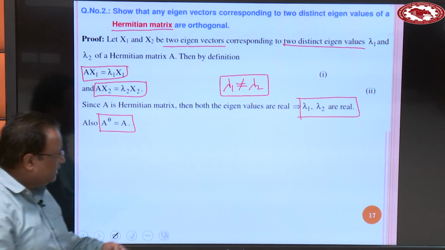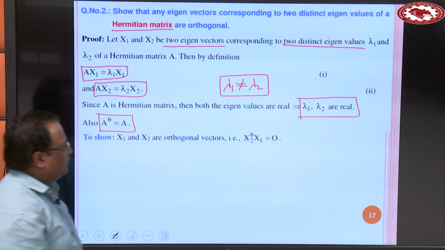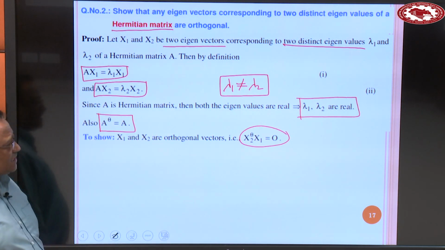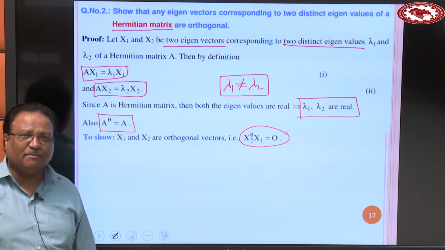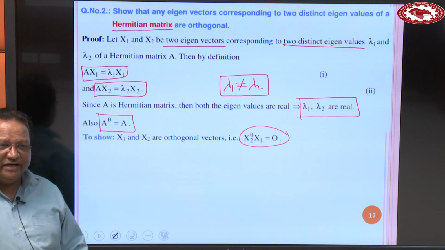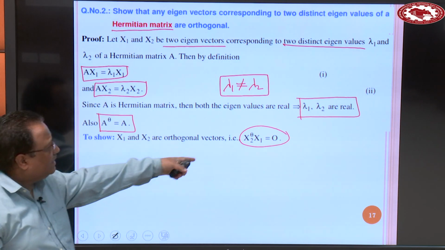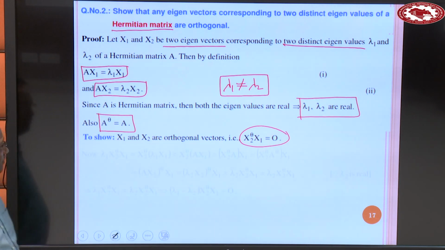Two distinct eigenvalues. Now to show x1 and x2 are orthogonal vectors, that is to show x2 theta x1 is equal to O. Now the dash will not work because this is a Hermitian matrix. These are complex matrices, so the field is the complex field. So in the complex field, these two vectors are orthogonal if x2 theta x1 is equal to O. Now how do we prove this result?